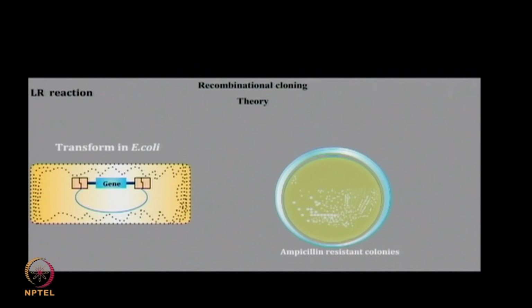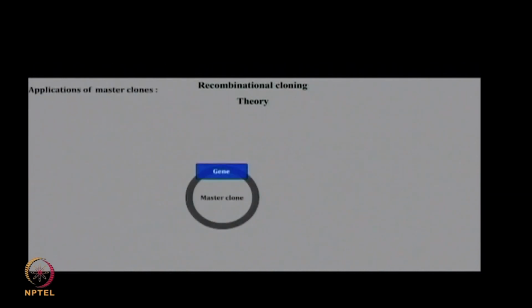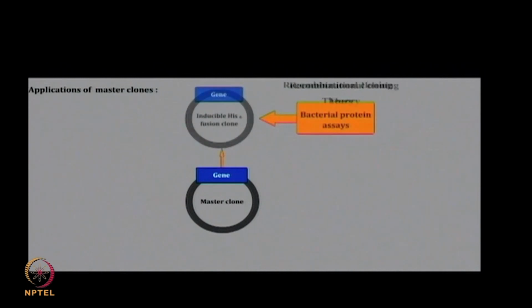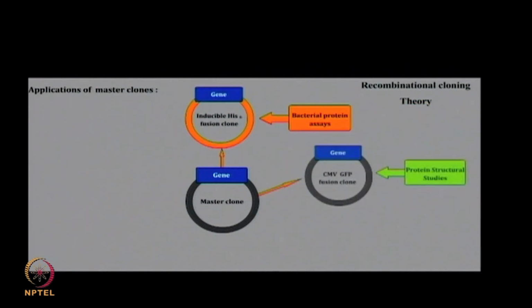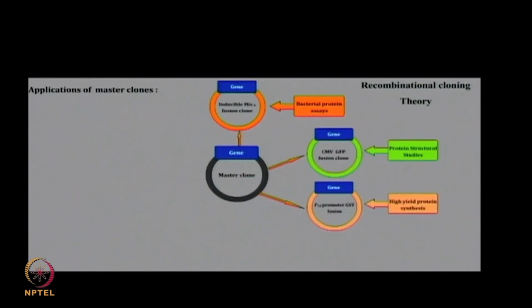Now, once the right colonies have been selected, the DNA can be extracted and these clones can be stored for various applications. Therefore, this recombinational cloning process provides significant advantages over conventional cloning techniques. These master clones can be used for several applications.